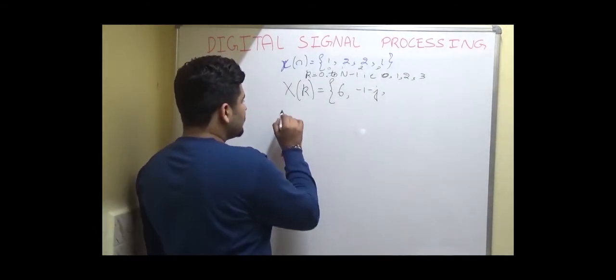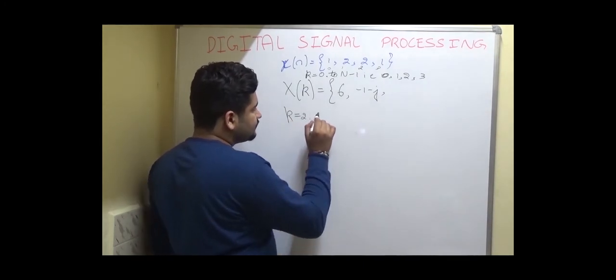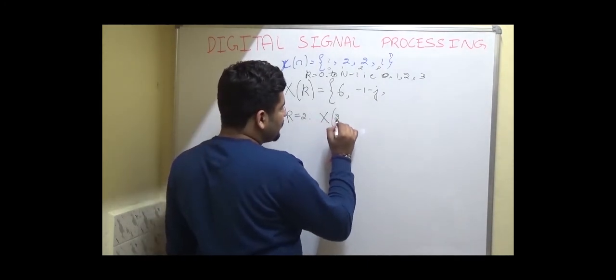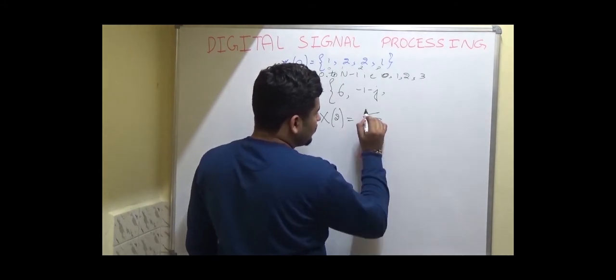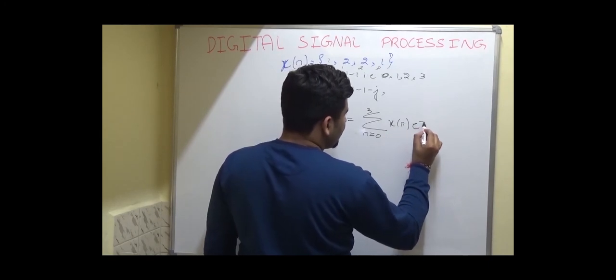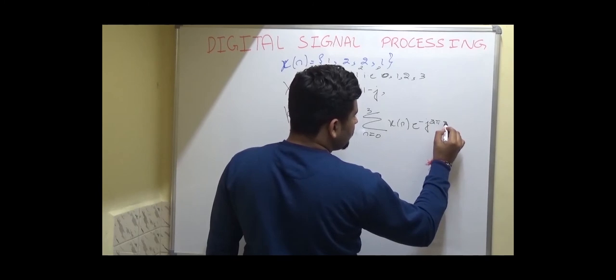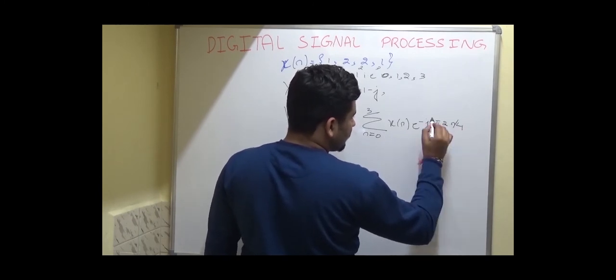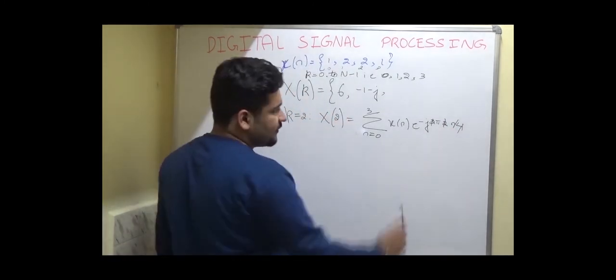Let us see what is the value of x of k when the value of k is 2. X of 2 is equal to summation n varied from 0 to 3 x of n e raised to the power minus j 2 pi into 2 into n divided by 4. I can just cancel it over here, 2 and 2 and 4.